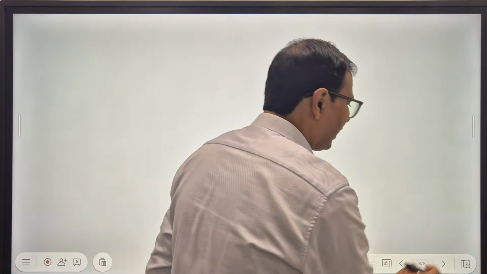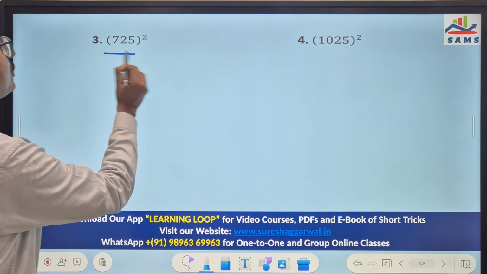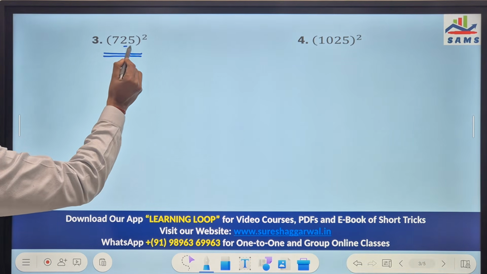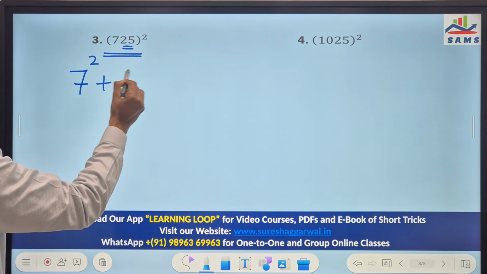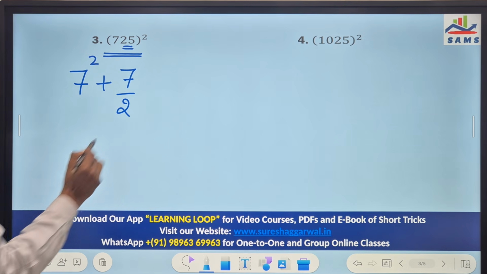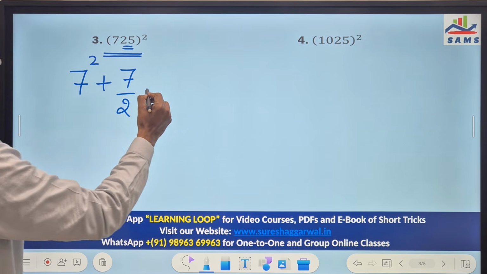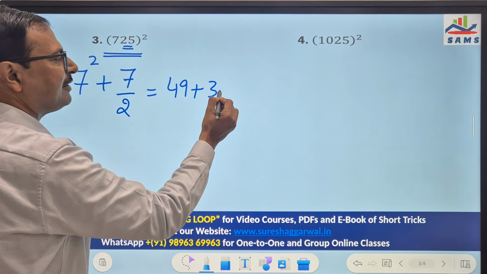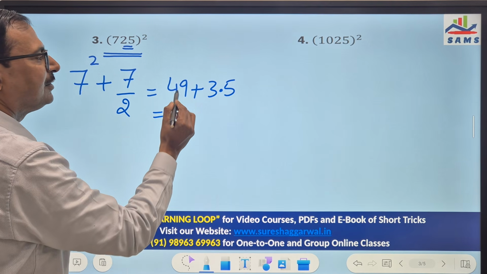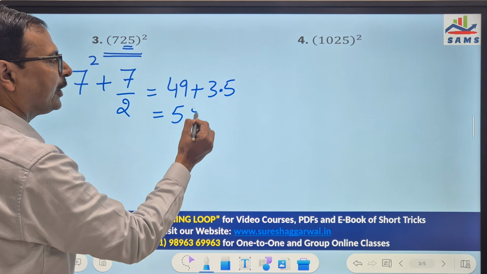Let's apply it to some higher numbers. How about 725? So apart from the 25 you have the 7. So 7 square and half of 7. Now this is going to be interesting. 7 square plus half of 7. How much is this? 49 plus half of 7 is 3.5. Now you get a decimal, 52.5.